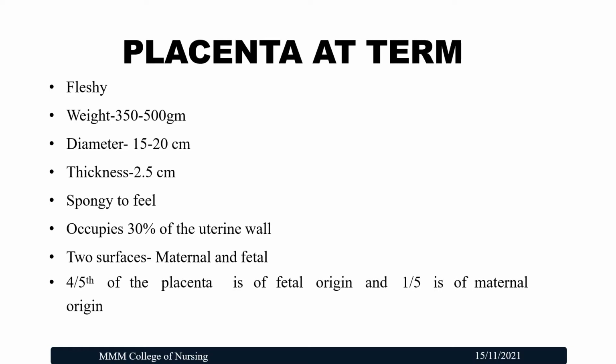The proportion of the weight of the baby to the placenta is roughly 6 to 1 at term, and it occupies about 30% of the uterine wall. It presents two surfaces, fetal and maternal, and a peripheral margin. Four-fifths of the placenta is of fetal origin and one-fifth is of maternal origin.